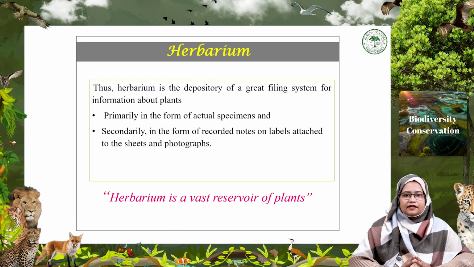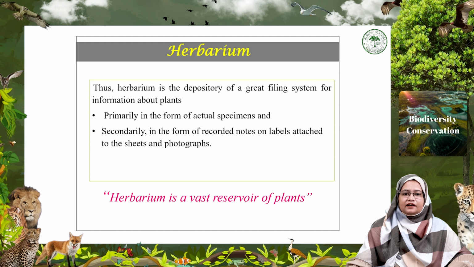So herbarium is a filing system for botanical data. A herbarium is a vast filing system containing both physical plant specimens and essential information on each plant's ecological and biological characteristics.